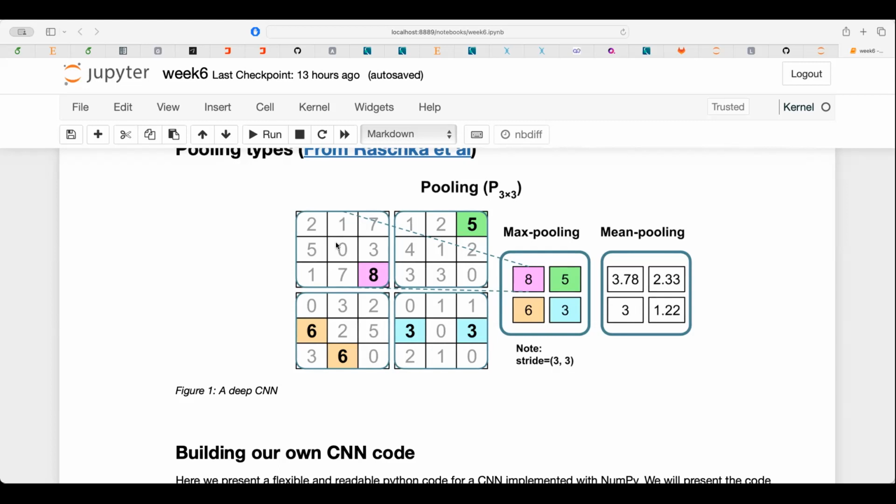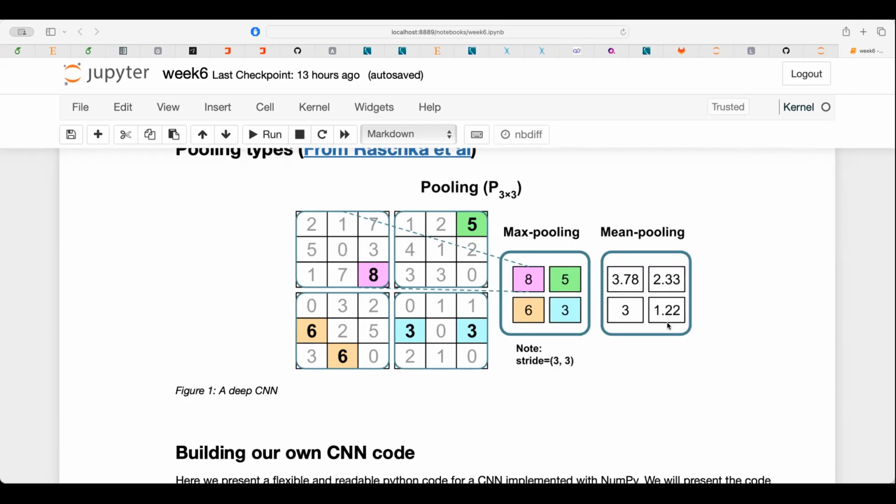So it's a way to downscale the information which you want to carry with you. And then you can also do an average one, where you can take the average from these blocks. And then the averages from these blocks would be 3.78, 2.33, and 3.22. That's one of the other ways of doing that.